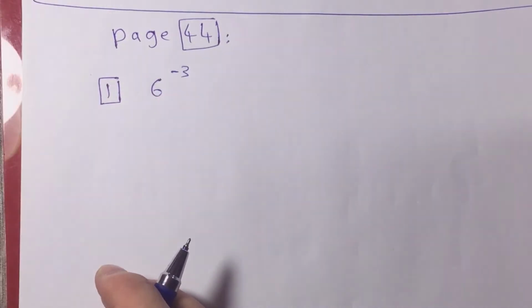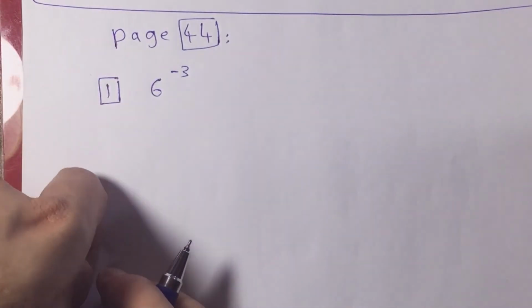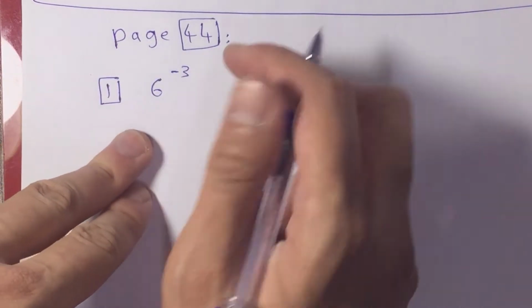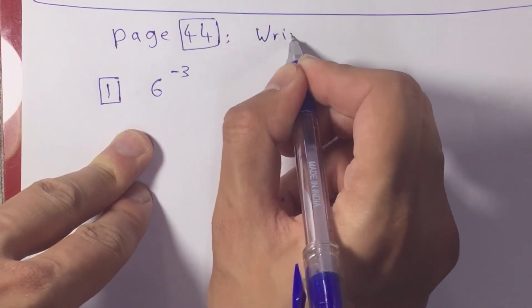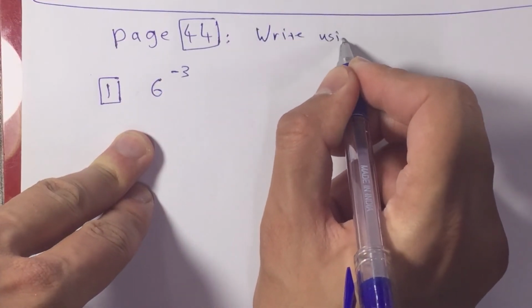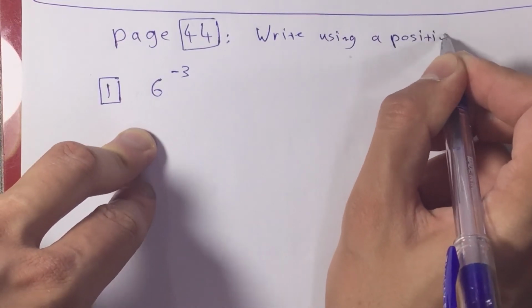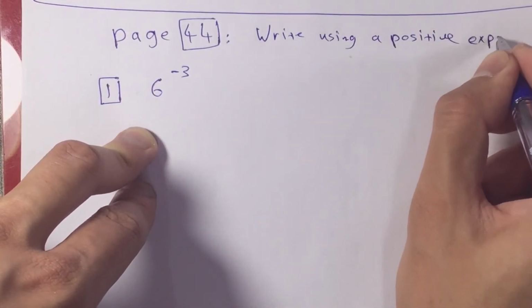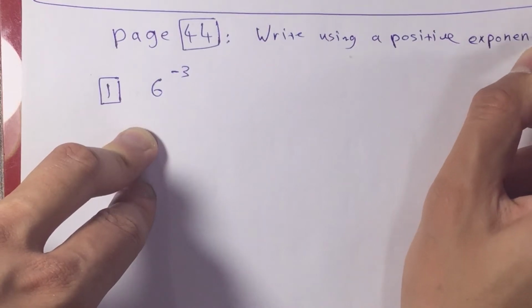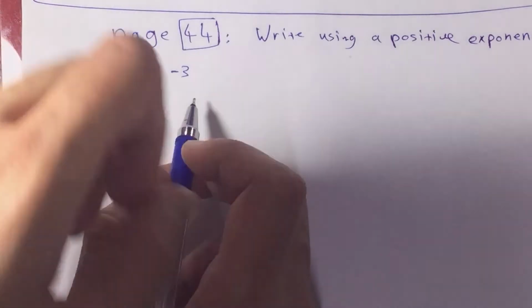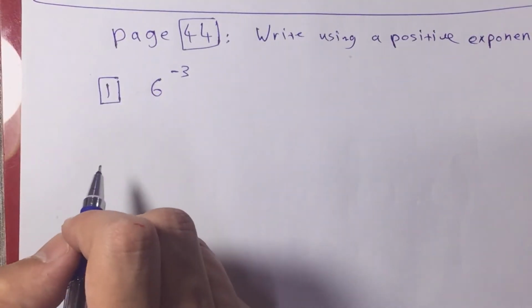And the question is, write each expression using a positive exponent. Write using a positive exponent. So how can we write this 6 to the power of negative 3 with a positive one?